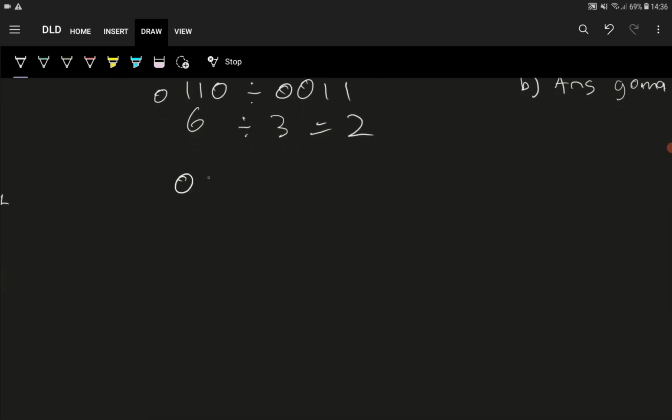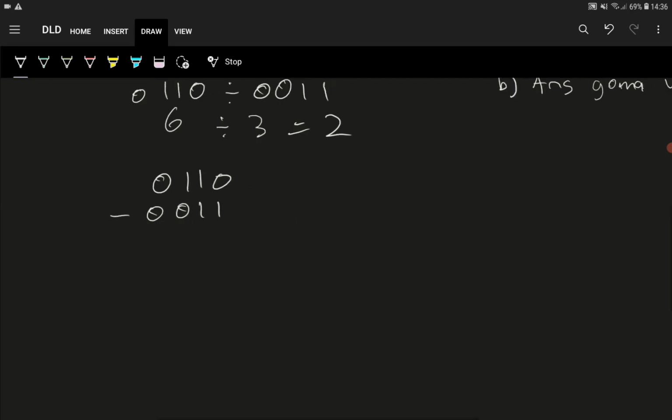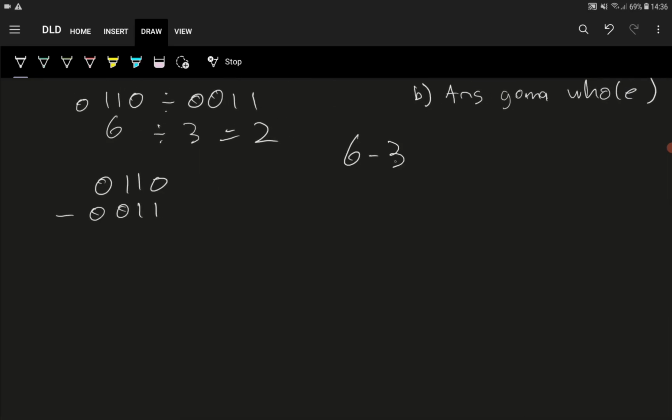So what we're going to do is simply subtract 3 from 6 till we get 0. What we're trying to find out is how many 3's can we put in 6? How many 3's make up 6? So we subtracted once, twice, and then we got 0. So our answer must be 2.